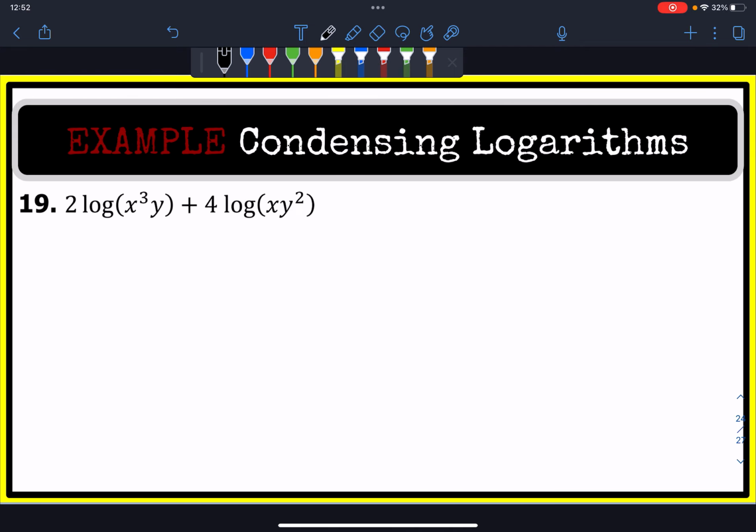Now, to apply multiple properties in order to condense and to expand, we have to follow these properties in the following order. To condense, we first want to use the power property, and then after using the power property, we'll apply the product property and the quotient property from left to right.